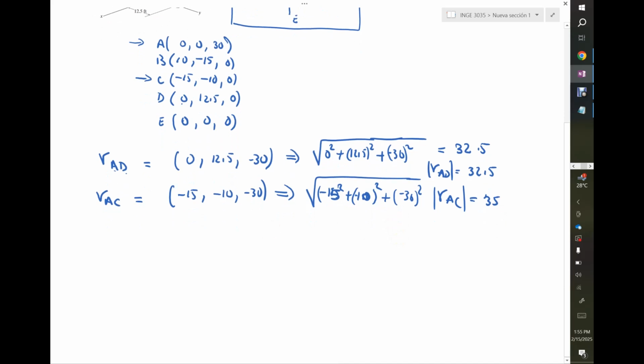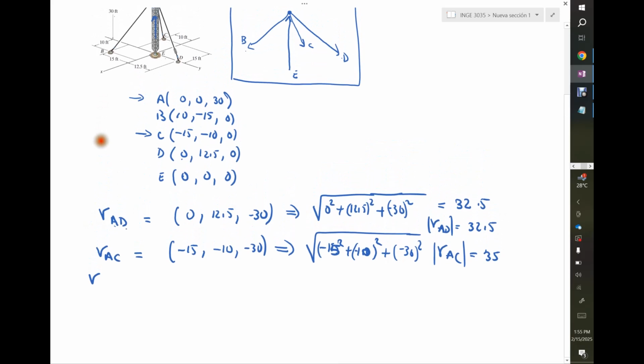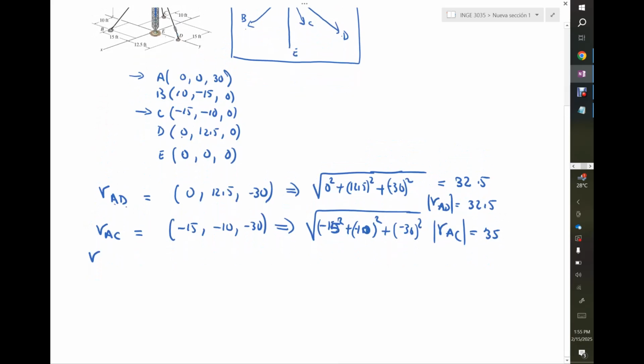Now, how about the other position vector? In this case it's going to be AB. Again, we are talking about the difference between these two guys. So that means 10 minus 0 is 10, minus 15 minus 0 is minus 15, and 0 minus 30 is minus 30.